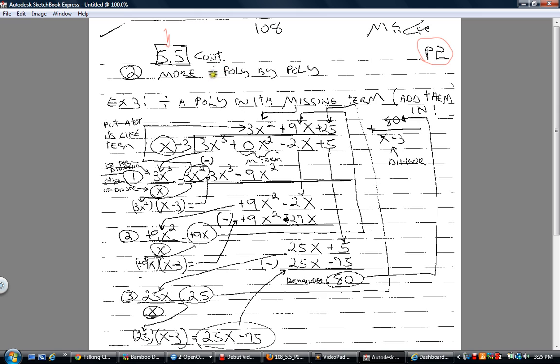We are going to do more dividing a polynomial by a polynomial, and the big thing we're going to handle here is what happens if you see a division problem that is missing terms and that the exponents are not going in descending order. Example 3 out of my class notes matches the book, page 303. It says divide 3x cubed minus 2x plus 5 divided by x minus 3.